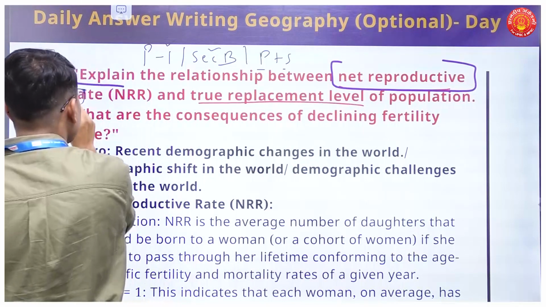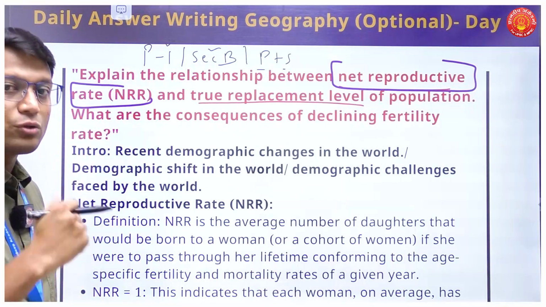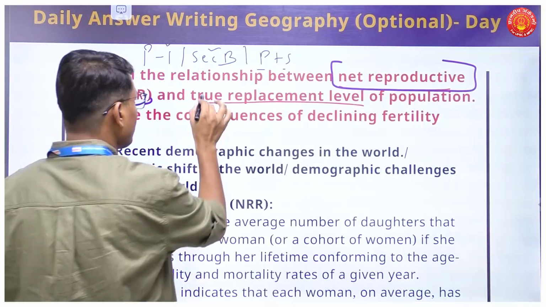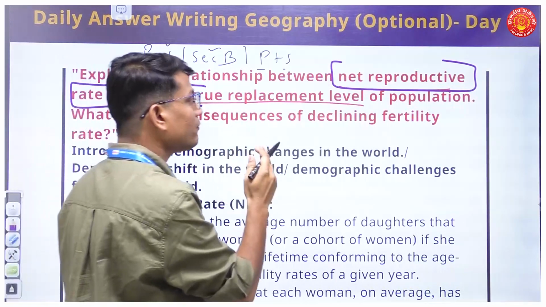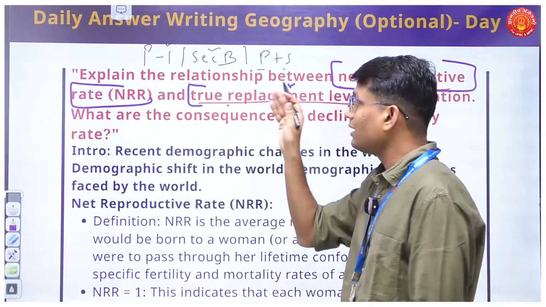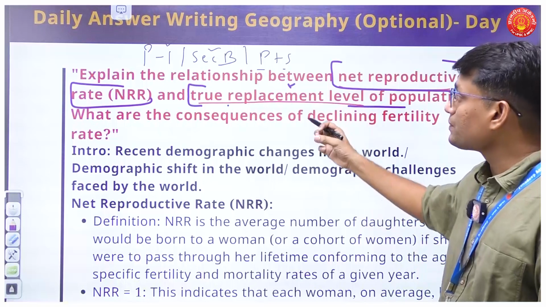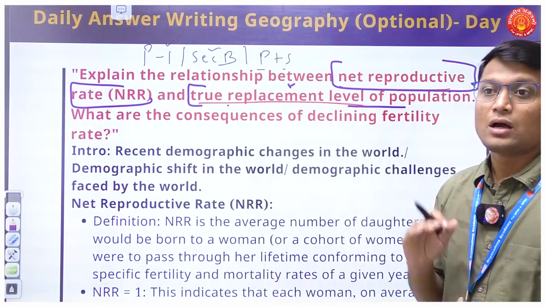So we will have to define what this net reproductive rate is and make it clear what this exactly means. Further, there is one more attribute asked, that is true replacement level of population. You will again have to define it and explain what it means. So that will be your first part of the answer.